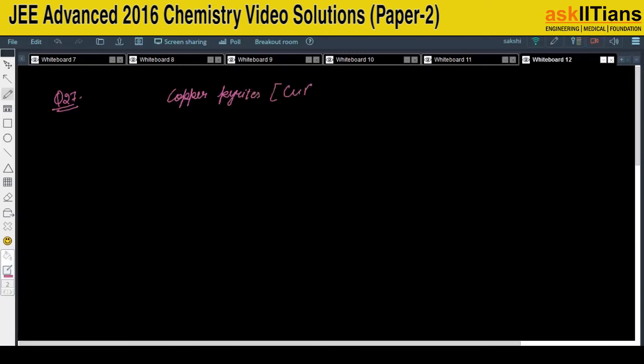What is given to us is that you have to start with copper pyrites, which is CuFeS2. Now first, you have to crush them into fine powder. Once they have been crushed nicely into fine powder, then you have to concentrate it by froth flotation.